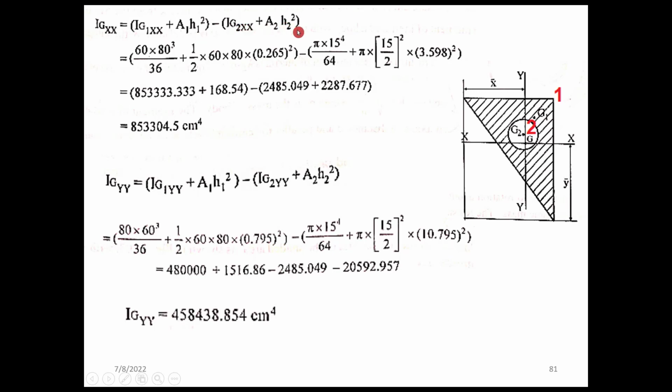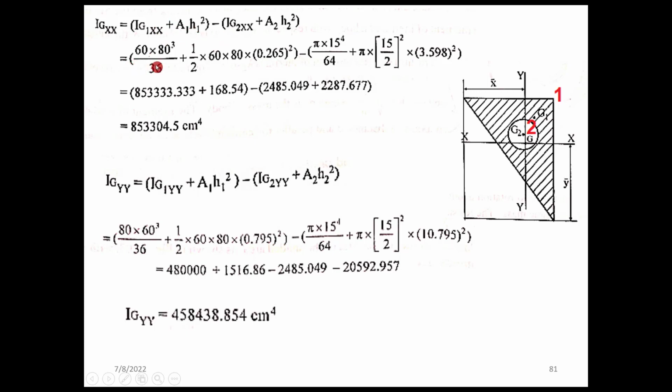So we are shifting the centroid moment of inertia with respect to G1 to G, and the centroid moment of inertia with respect to G2 to G. So we take the first term first.